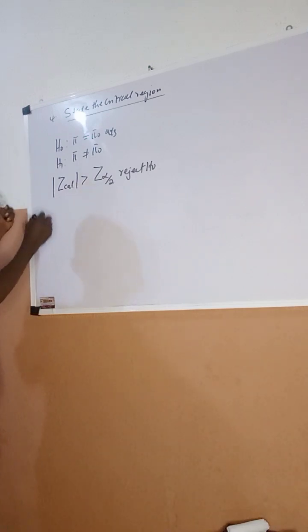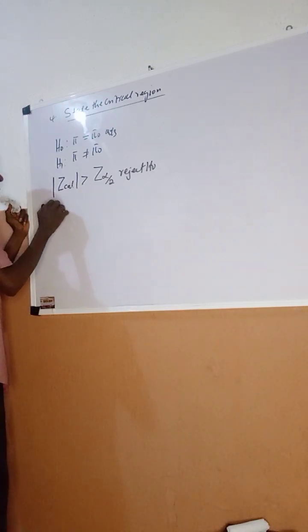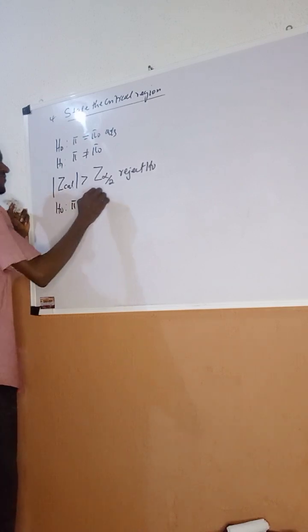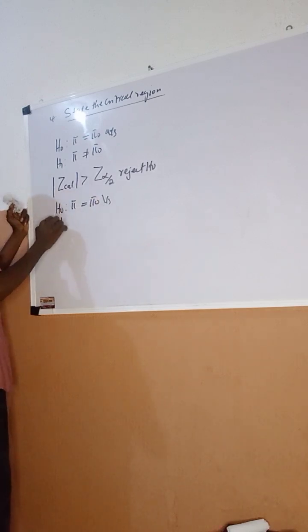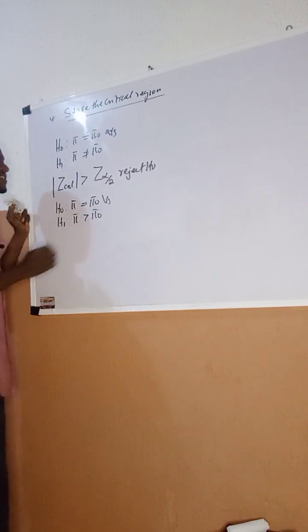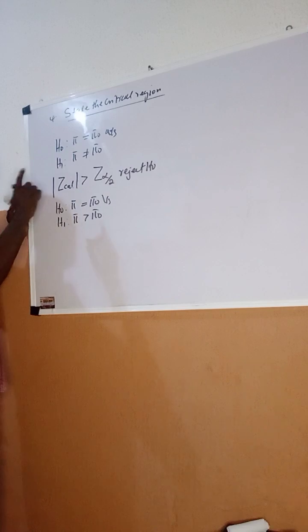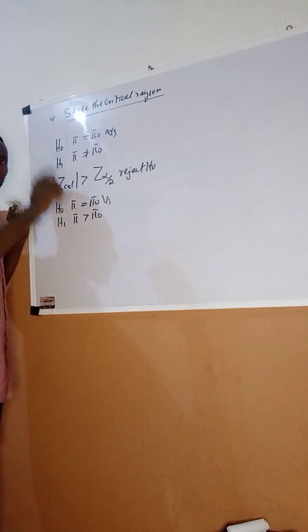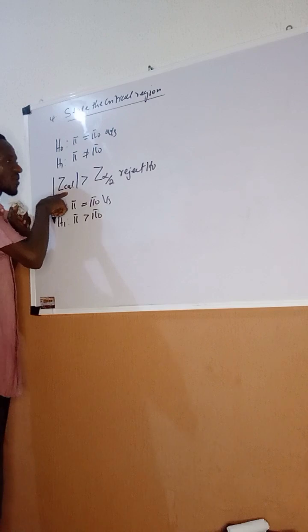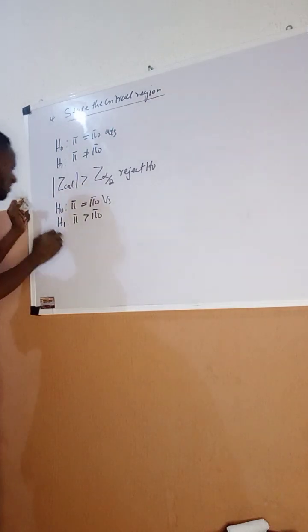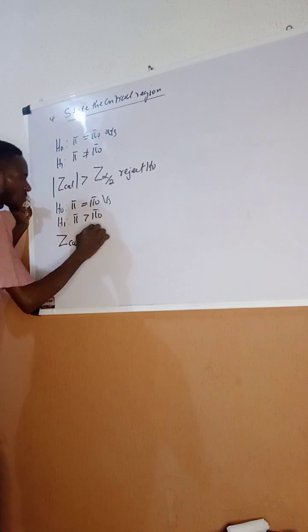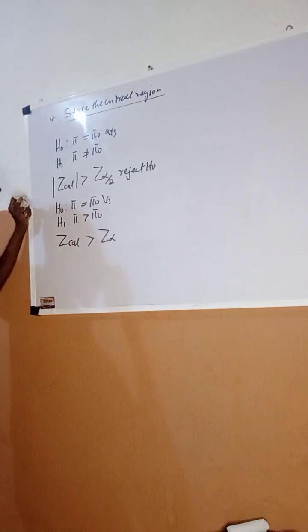Or when we have H subscript 0 that pi equals pi 0, versus H subscript 1 that pi is greater than pi 0, we are only going to reject the null hypothesis if our z cal happens to be greater than z of alpha.